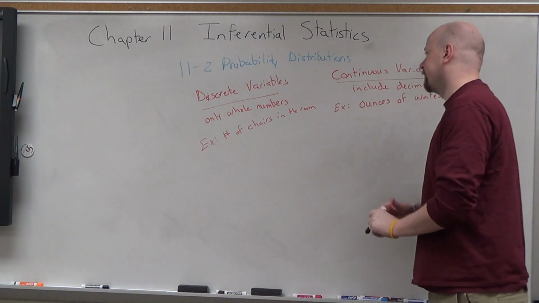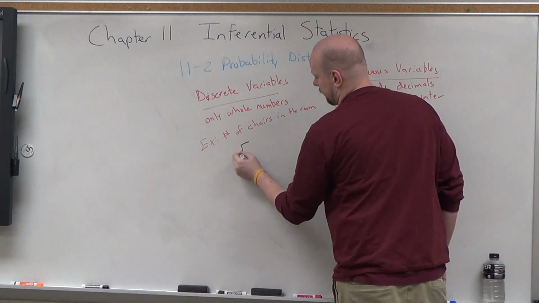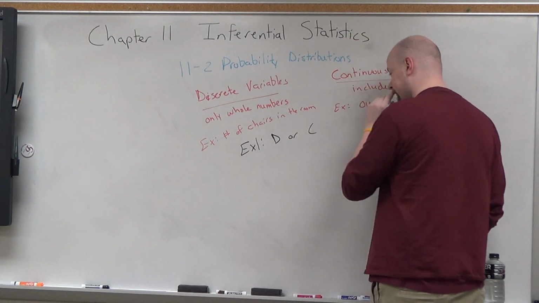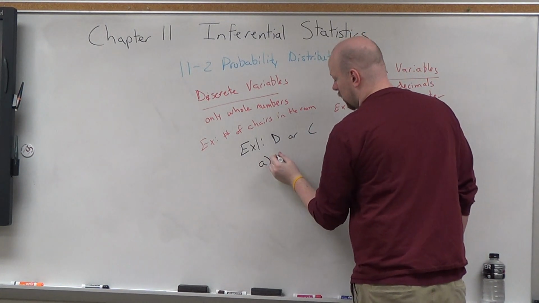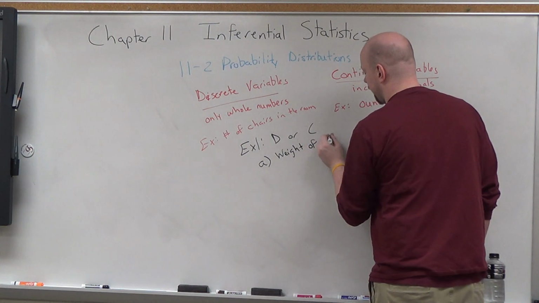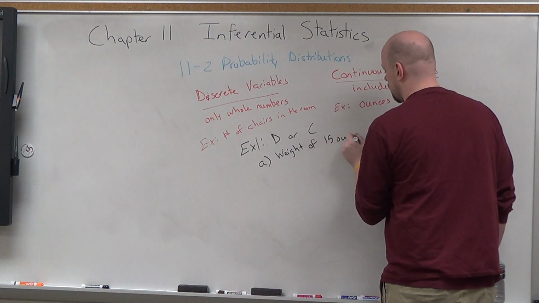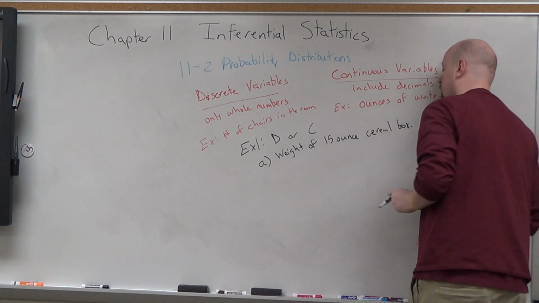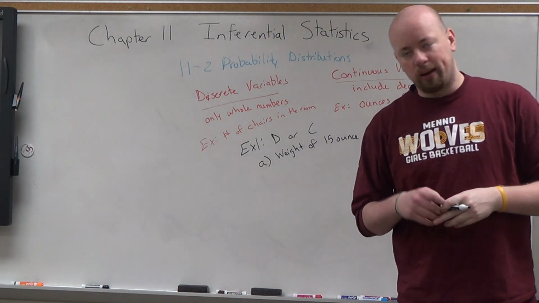So let's do an example. Example 1, discrete or continuous. A, weight of a 15-ounce cereal box taking at a random time.